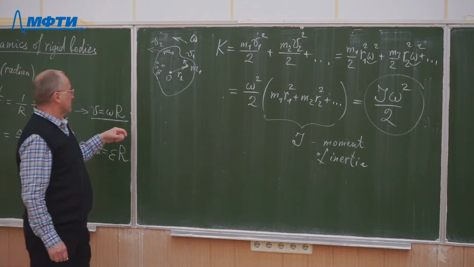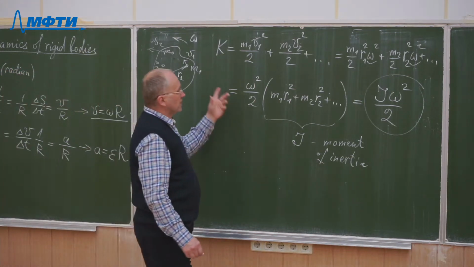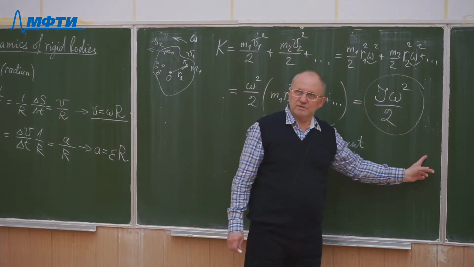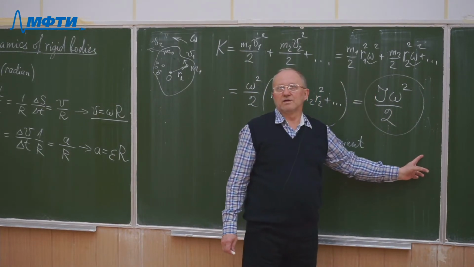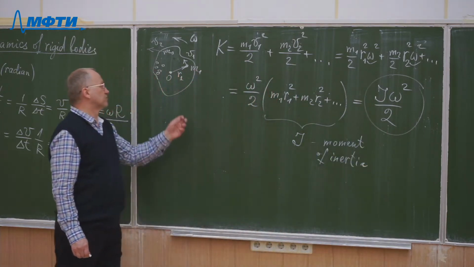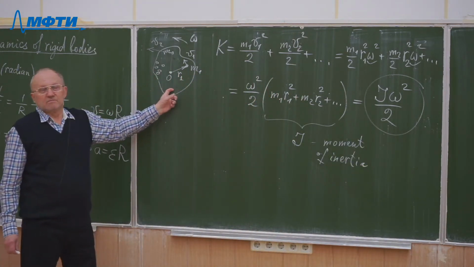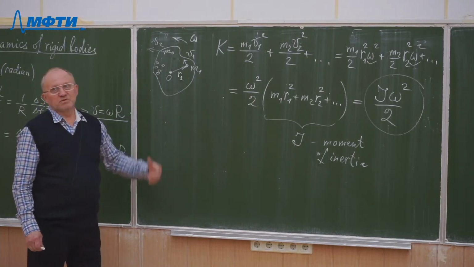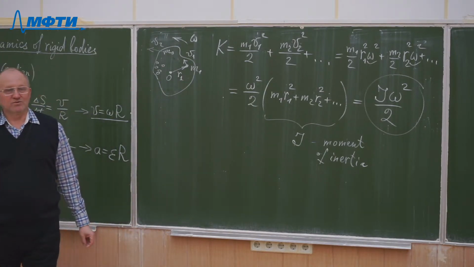The velocities will be defined differently, and in this case this formula will not work. This formula will give an incorrect result. So this formula applies only to actually rigid bodies which are non-deformable, which are non-stretchable.